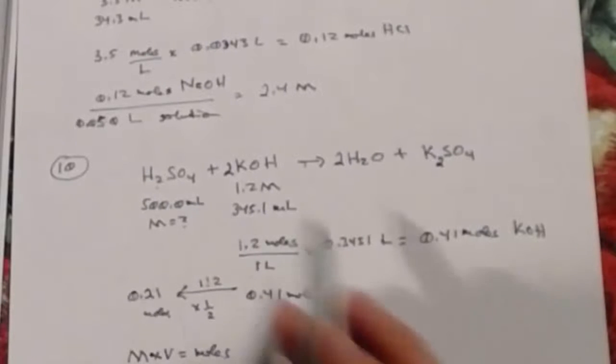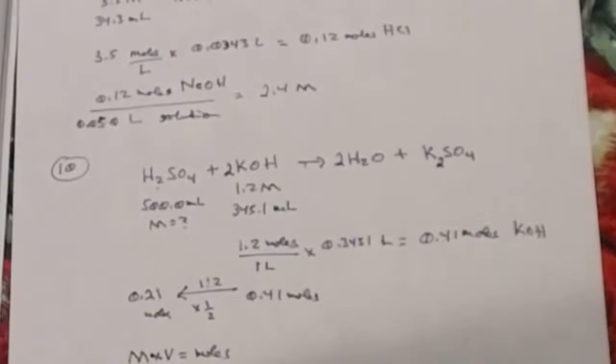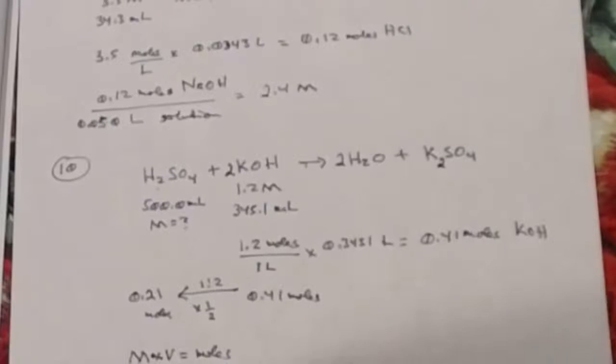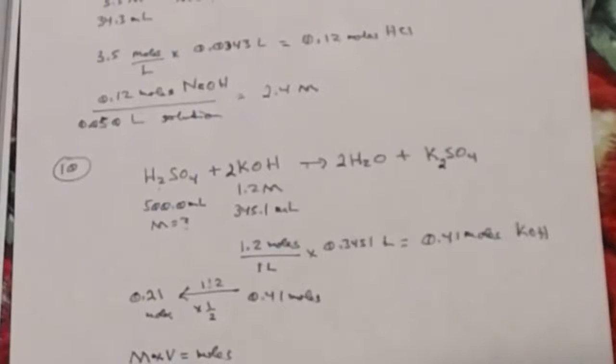If I need to determine the molarity here, I can do that by saying the molarity is equal to the number of moles divided by the volume. The number of moles is 0.21 moles. The volume I used was half a liter, 0.500 liters.